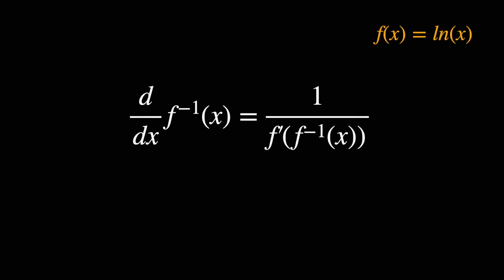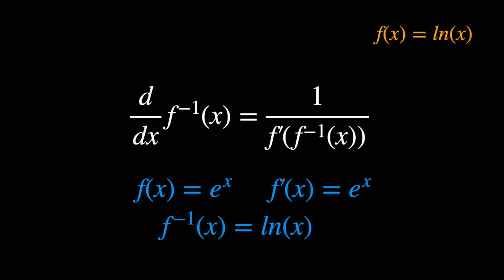The derivative of f inverse of x is the reciprocal of the derivative of f applied to f inverse of x. Let's see how this works using f of x equals e to the x, whose derivative is also e to the x, and whose inverse function is natural log of x.